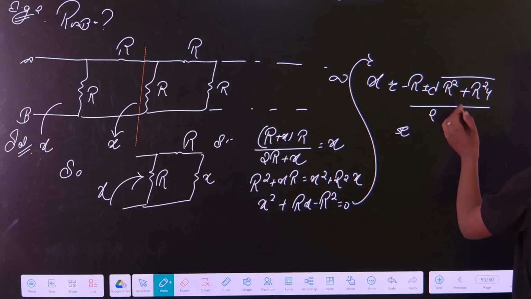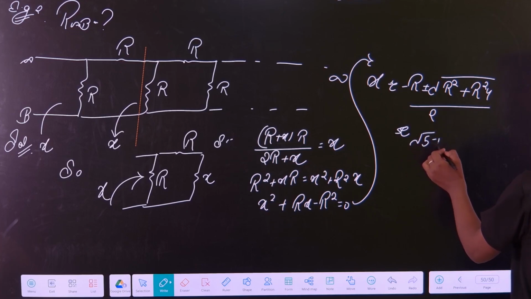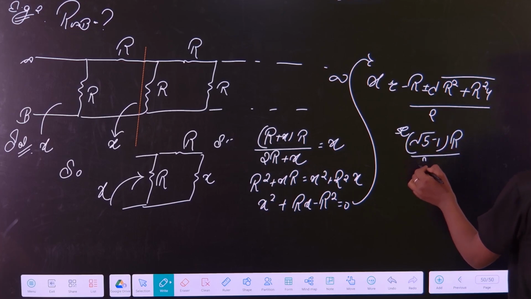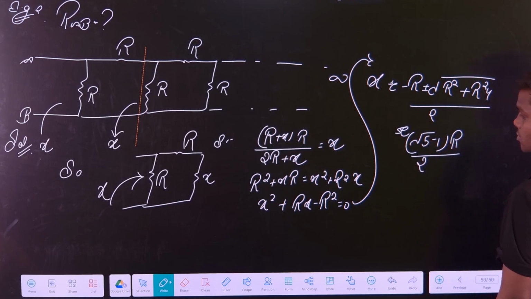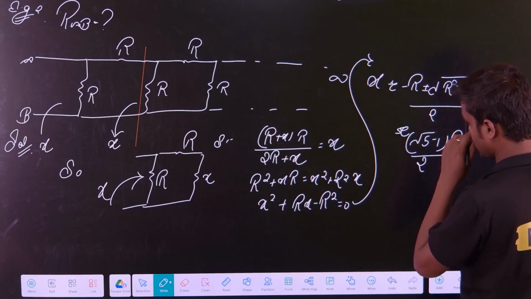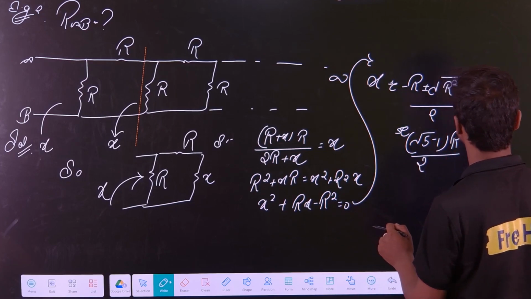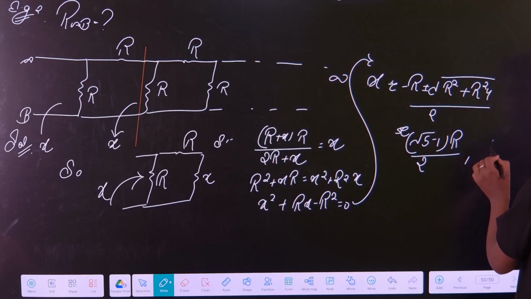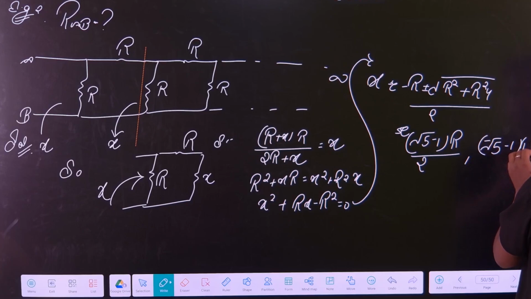So the value you will get is either root 5 minus 1 into R divided by 2, or minus root 5 minus 1 into R divided by 2.